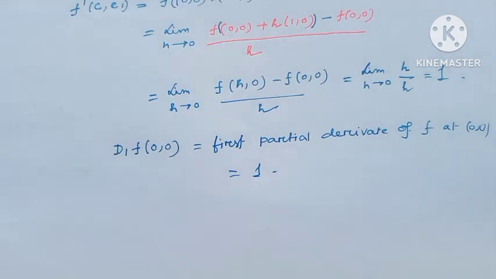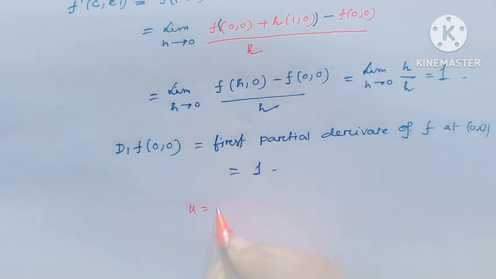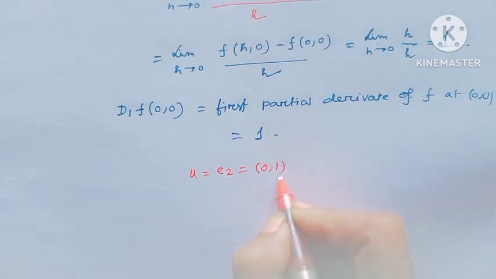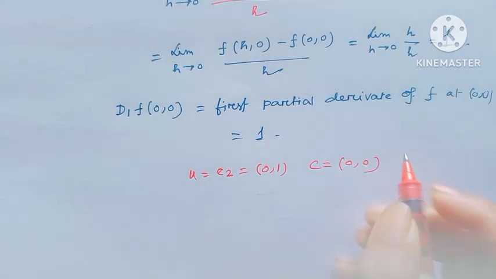Then the second partial derivative, with direction u equal to e2 = (0, 1) at the point (0, 0).